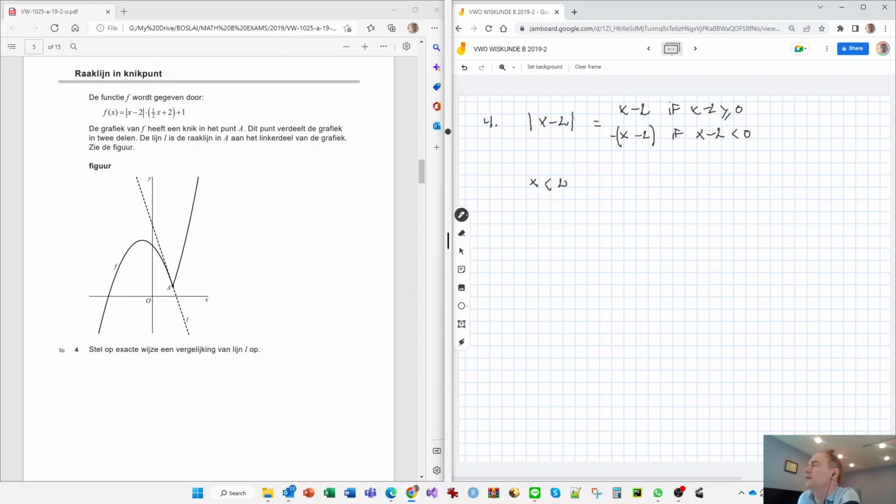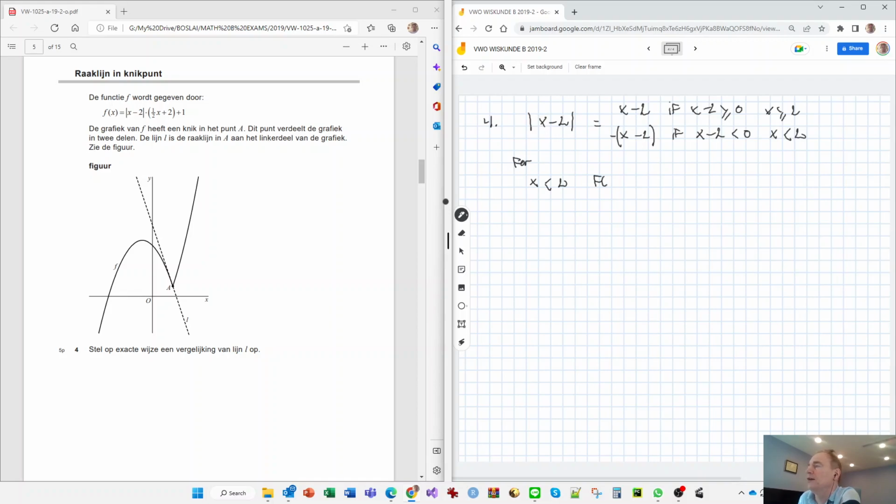Well, this is x greater or equal to 2, and this is x smaller than 2. So we just assume this, and then what we write is for x.